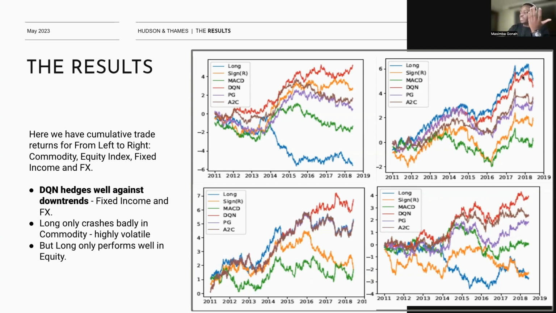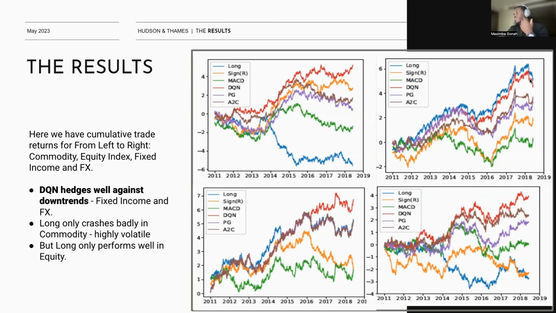But the authors did mention that this was probably because during that time there was essentially a bull run that occurred. So in a bull run, in terms of equity index, your markets are relatively going on a high, and having a long only strategy, you will end up benefiting the most.